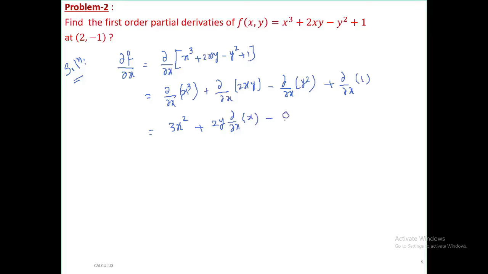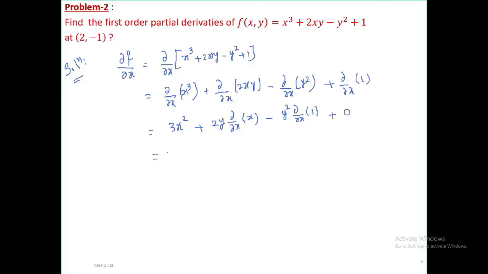How to write this one? You can write it like this also. Since y² you send out, because that is irrespective of the derivative, ∂/∂x of nothing means inside is 1. y² into 1, right? So 1 I am writing, y² I am sending outside. And plus ∂/∂x of 1 is 0. Constant derivative is 0.